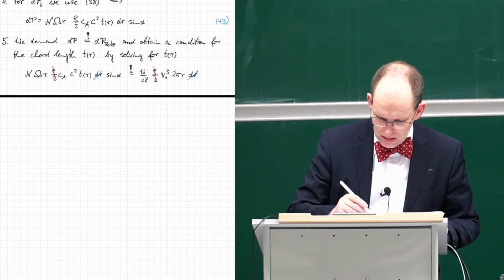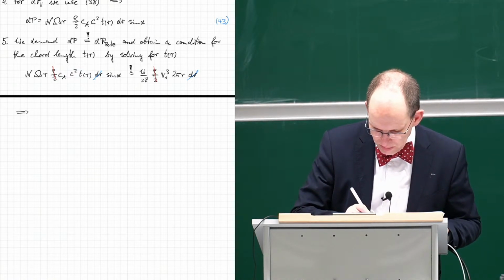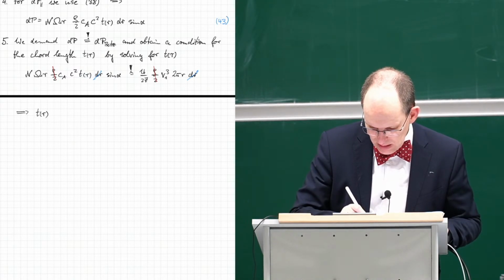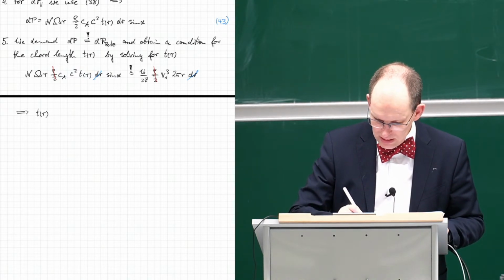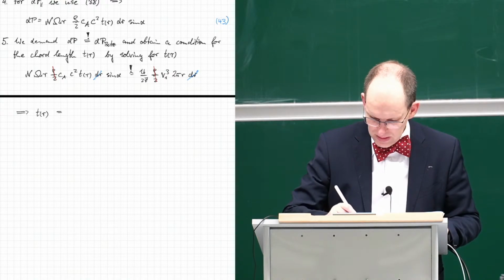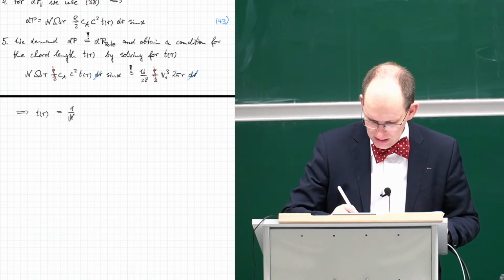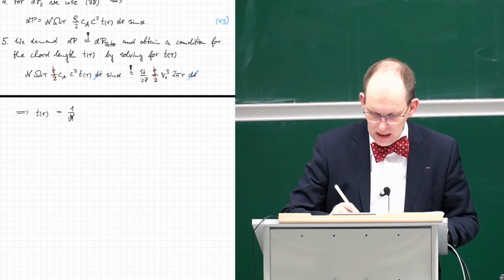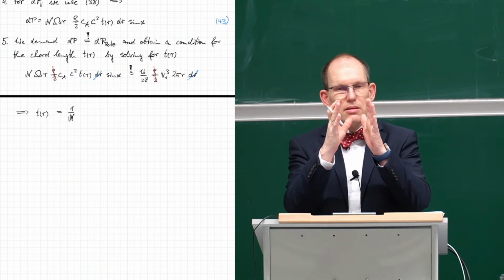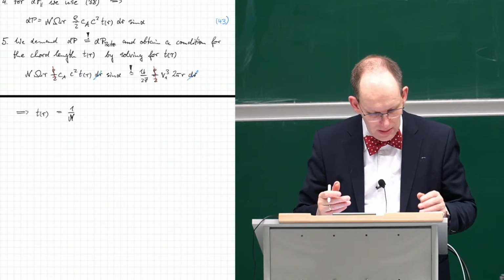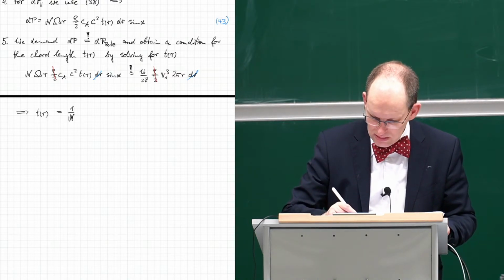Yeah? So we have a fairly complex expression for dr, Tr. So 1 over n, the more plates you have, the thinner one plate can be, makes absolutely sense, right?